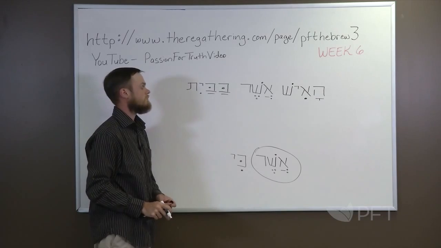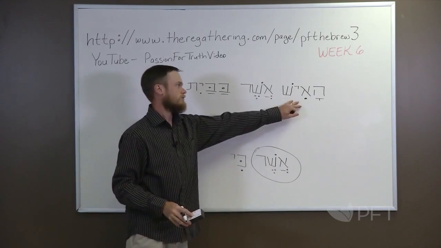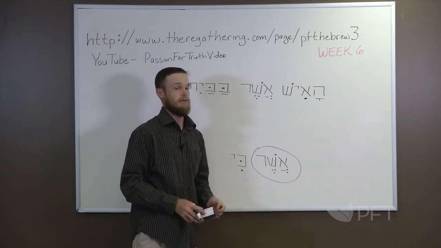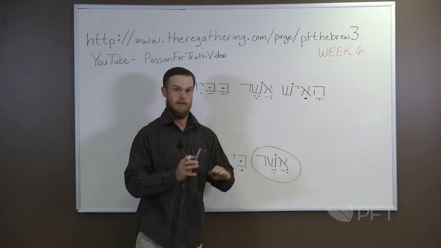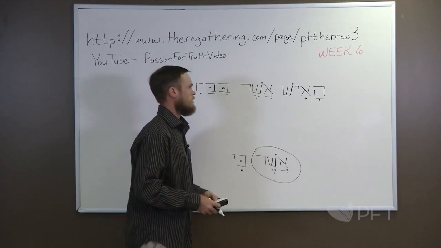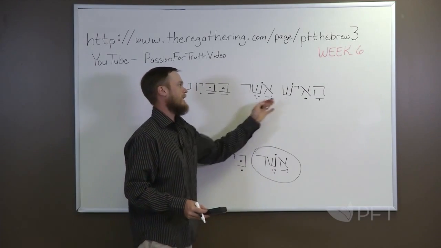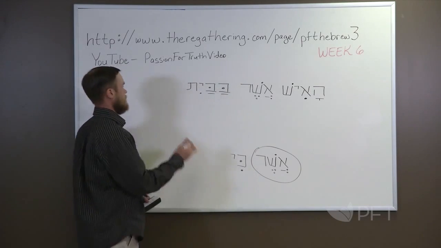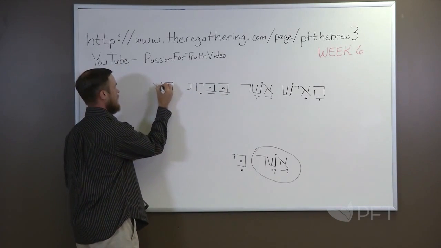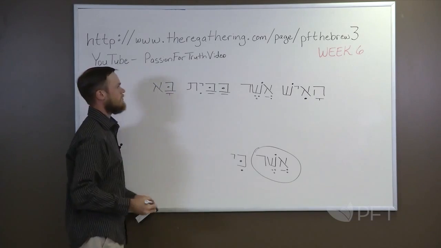And then this whole phrase with a conditional clause attached can be a subject or object of a sentence. It can function as an entire unit. So we could say the man that is in the house is coming. Ba, although we would probably put ba at the beginning of the sentence.